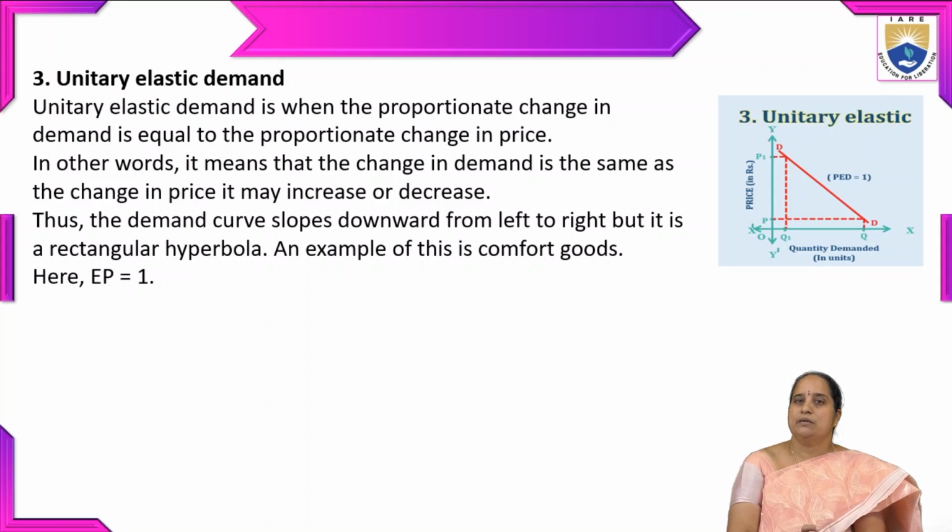Thus the demand curve slopes downwards from left to right, and it is a rectangular hyperbola. An example of unitary elastic demand is comfort goods, where the coefficient of price elasticity of demand is equal to 1.